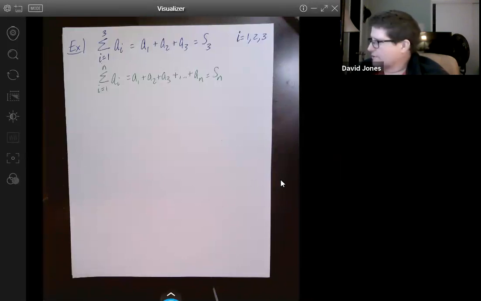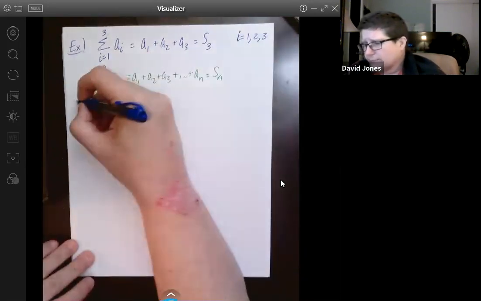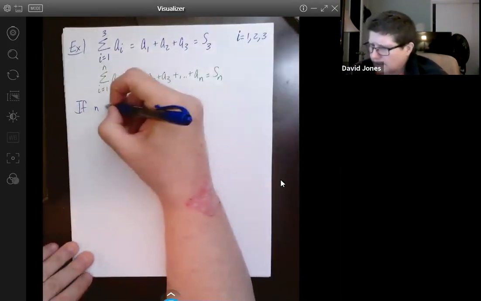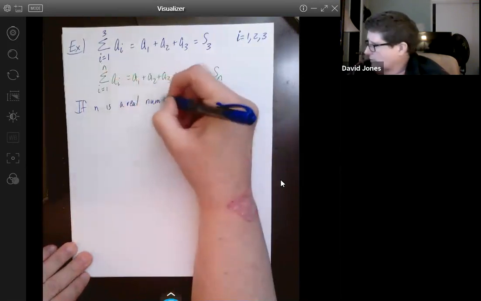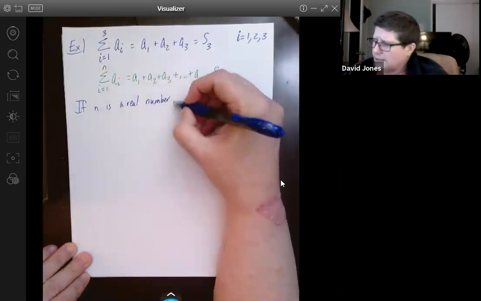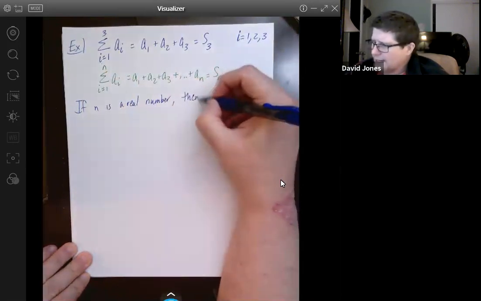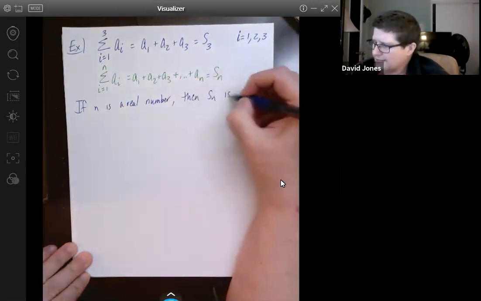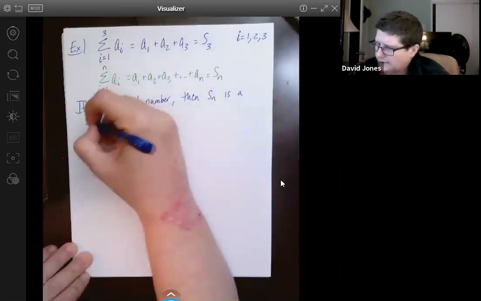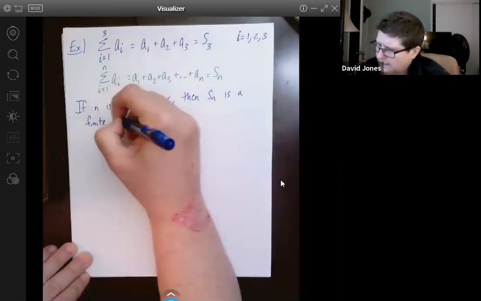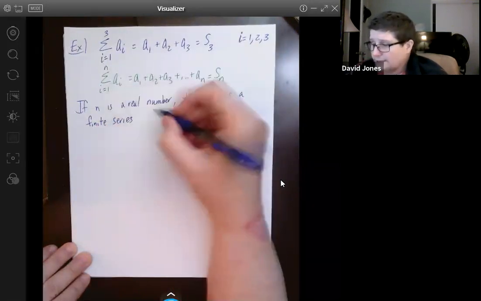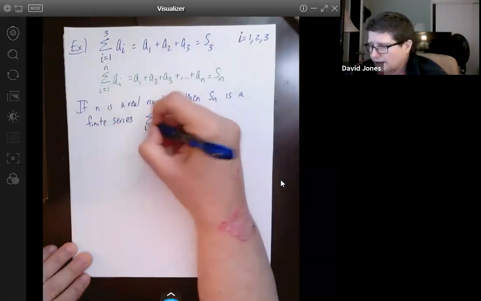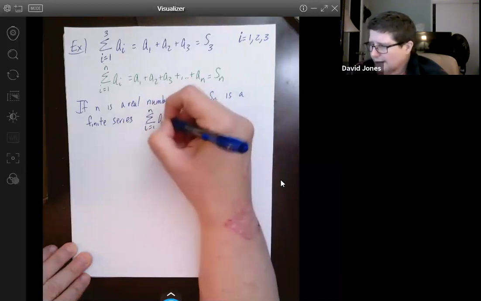So this comes in two forms. If n is a real number, then S sub n is a finite series, just like we have there. i equals 1 to n of A sub i.